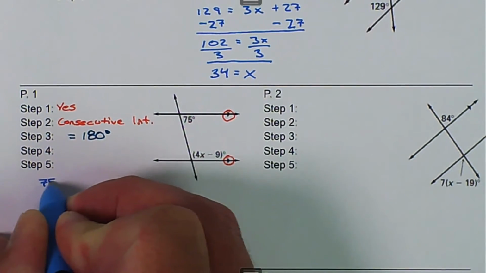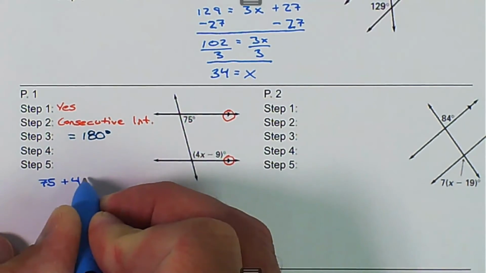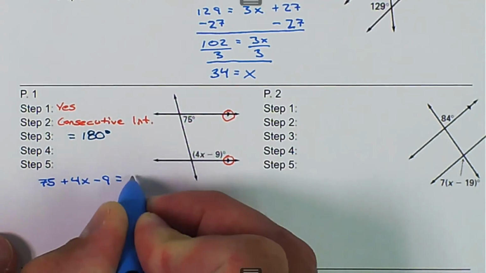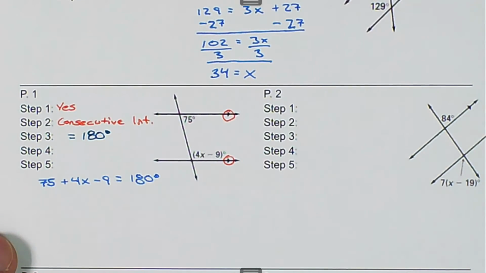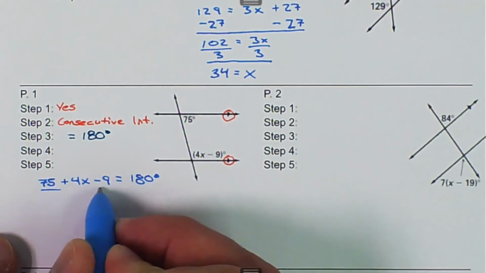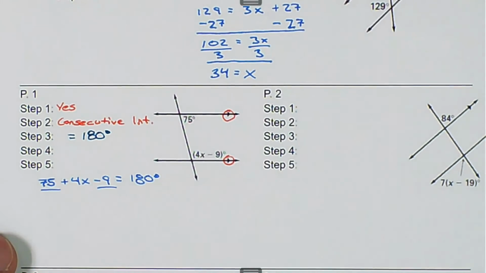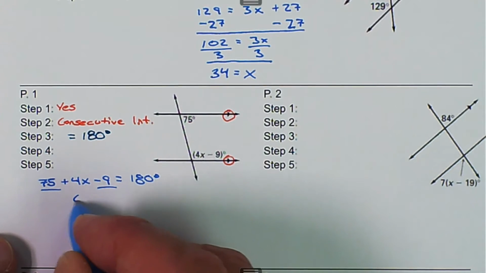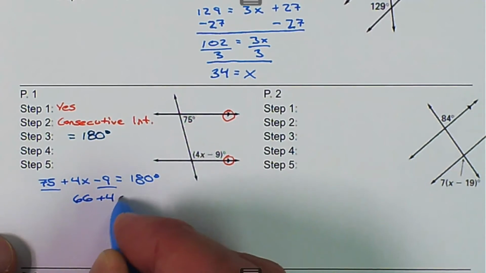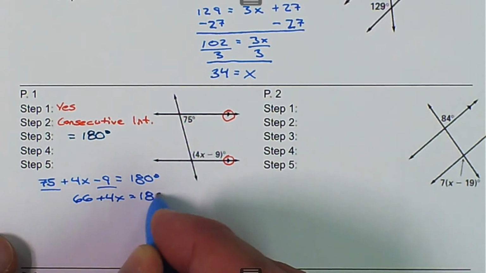So 75 plus 4x minus 9 is equal to 180 degrees. Then we can do substitution property of equality, because 75 minus 9 is the same thing as saying 66, plus 4x equals 180 degrees.